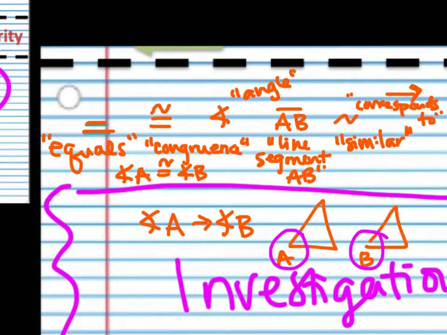Perhaps they're similar. Perhaps, actually, if they're angles, they're going to either be congruent or not congruent. Perhaps they're congruent. Perhaps they're not congruent. If you're going to say angle A corresponds to angle B, you would then say that they are congruent. So that's kind of what we're heading to with all that.